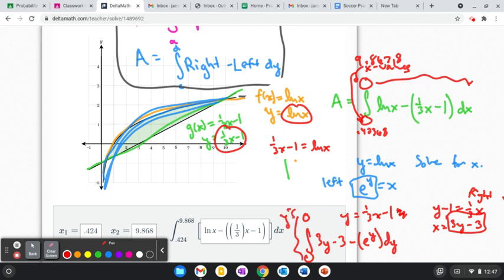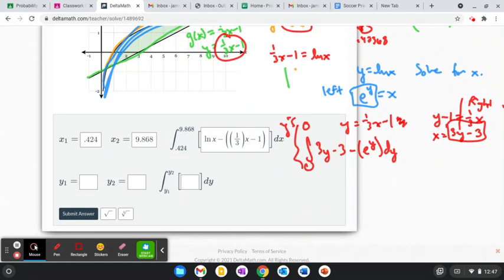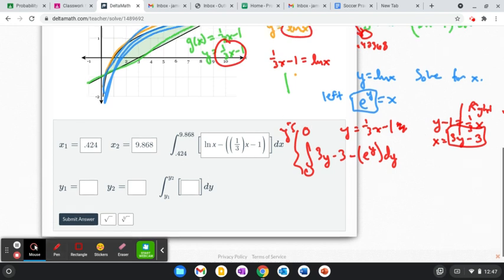Now, if you were smart, which I wasn't, you'd write down the y coordinates of the intersection as well, because when you find the intersect, it actually tells you the x and the y. I do still have the y for my second one, and that is 2.2892. So that's my upper limit.